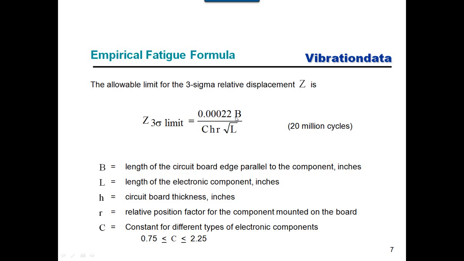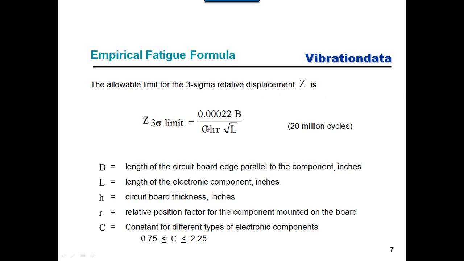So B is the length of the circuit board edge parallel to the component in inches. And square root of L is the length of the circuit board in inches. R is a position factor. We'll talk about that momentarily. H is the board thickness. And C is an empirical constant. It can be as low as 0.75 or as high as 2.25.